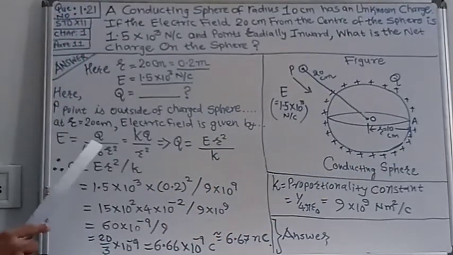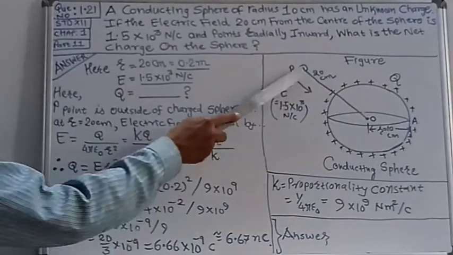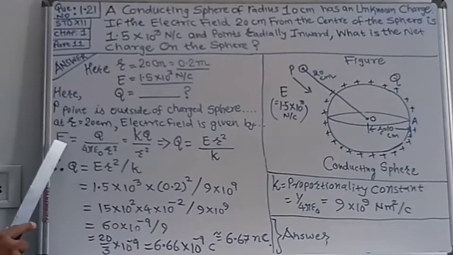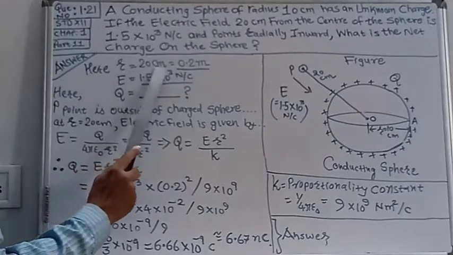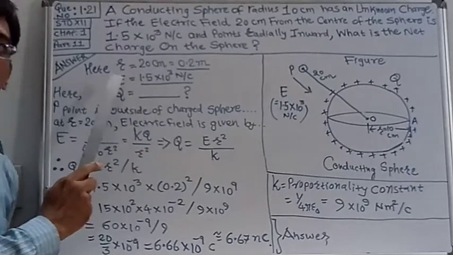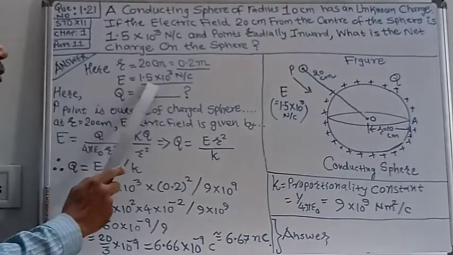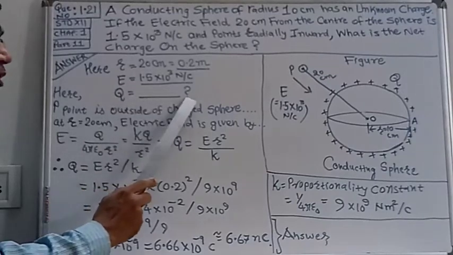So here we are using the Gauss theorem, and according to it, at the outside point P, the electric field is given by Q upon 4 pi epsilon 0 small r square. Here small r is 20 cm, equal to 0.2 meter. The electric field is 1.5 into 10 raised to 3 Newton per Coulomb, and Q is the unknown.